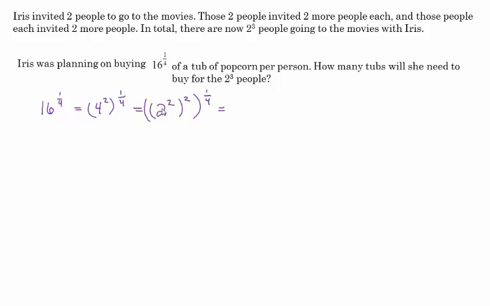So what I'm going to have is 2 times 2, which is 2 to the 4th, times 1/4, so 2 to the 4/4, which is just 2 to the 1, which is just 2. That's how much of a tub of popcorn per person.